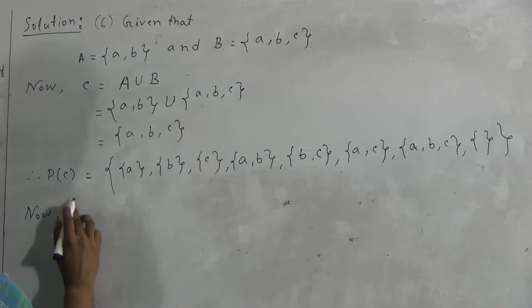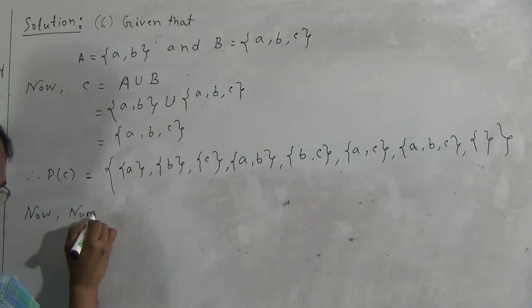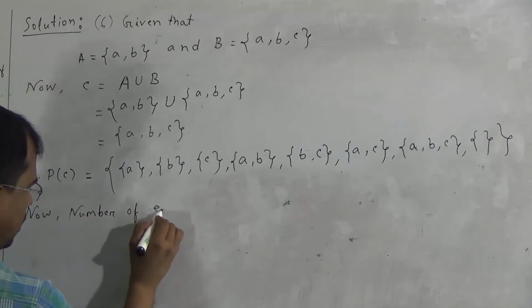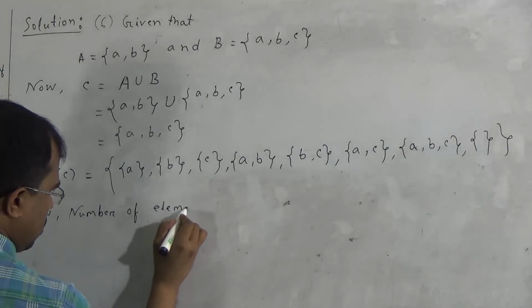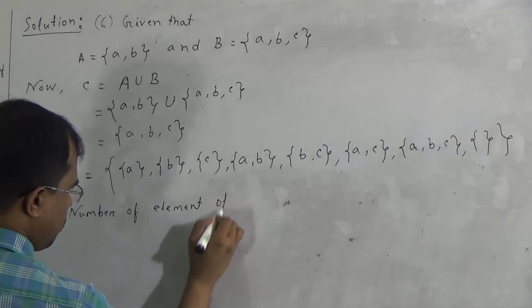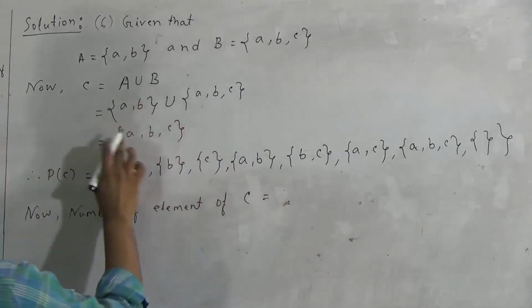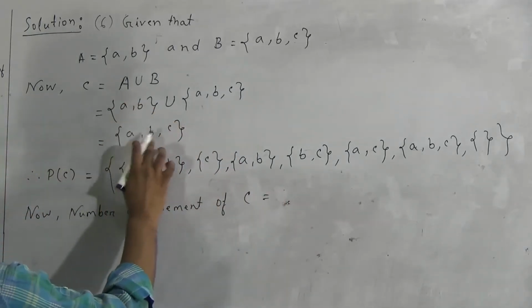Now, the number of elements of set C is equal to 3. Here the elements are a, b, c: 1, 2 and 3.